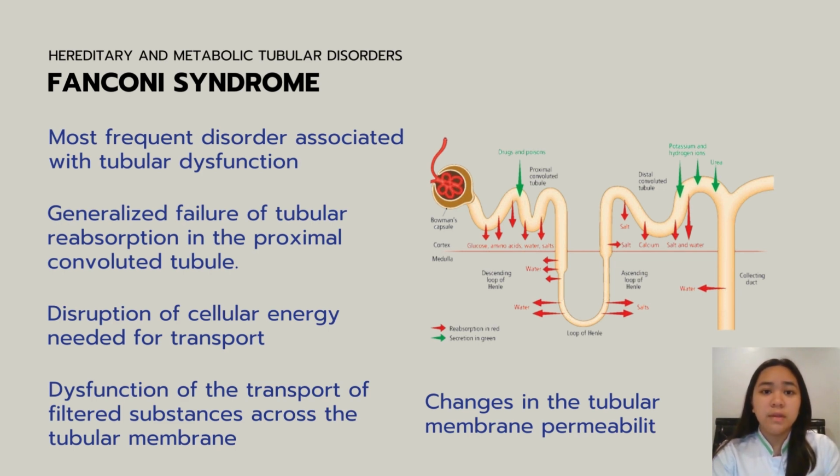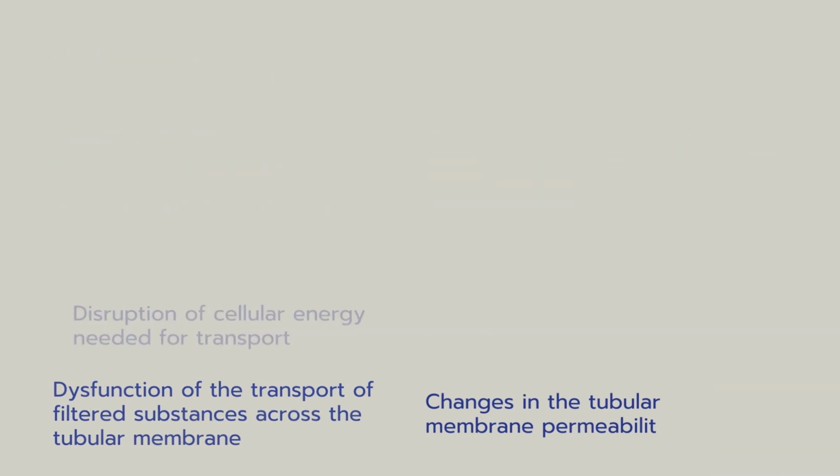With this, tubular reabsorption may be affected by dysfunction of the transport of filtered substances such as glucose, amino acids, phosphorus, sodium, potassium, bicarbonate, and water across the tubular membranes, or disruption of cellular energy needed for transport, or changes in the tubular membrane permeability.